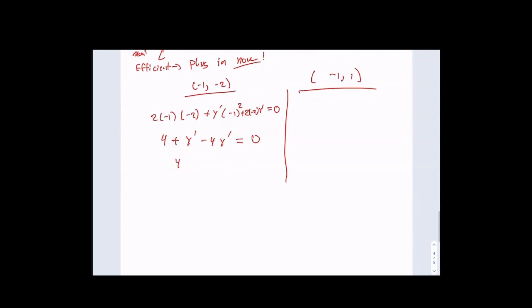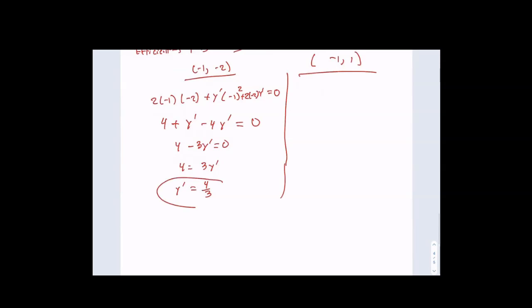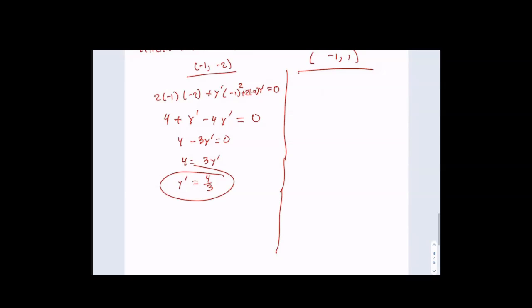That gives me 4 minus 3y prime equals 0, so 4 equals 3y prime, and y prime equals 4 over 3. And therefore my first answer is what?